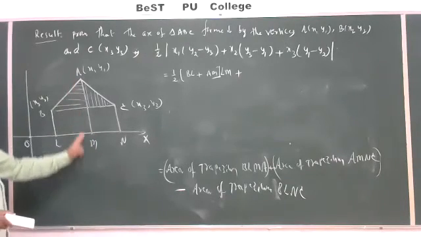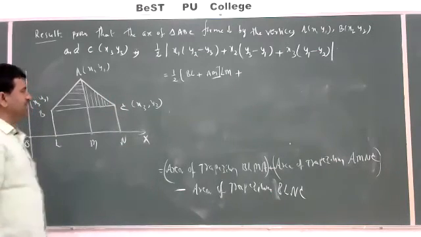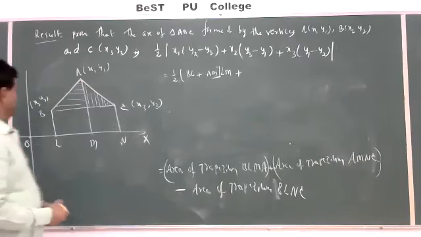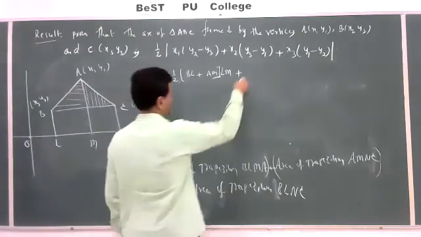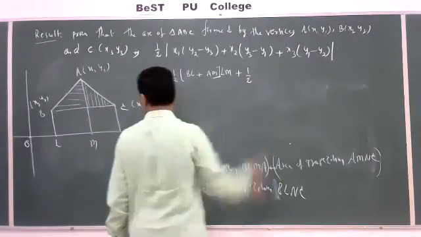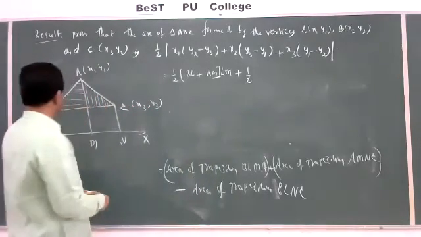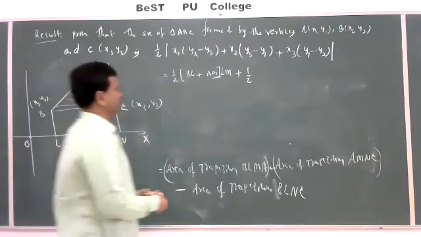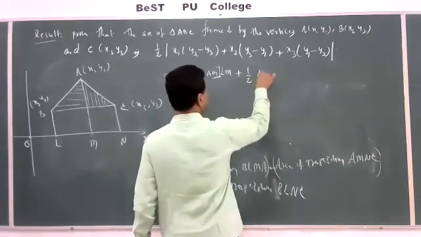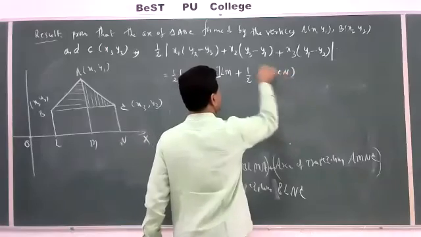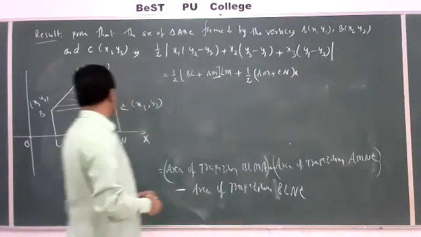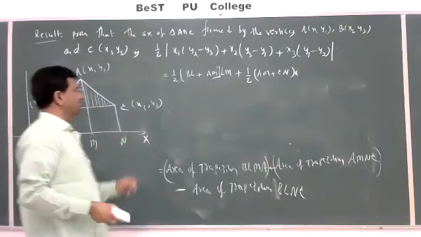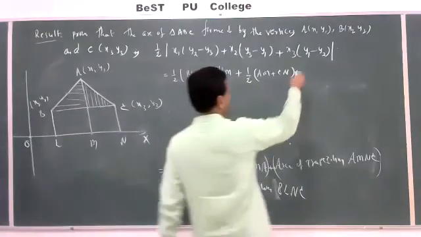Now write the area of the trapezium AMNC. It is 1 by 2 into AM plus CN, since AM is clearly parallel to CN, into the distance between these two parallel lines, which is MN.